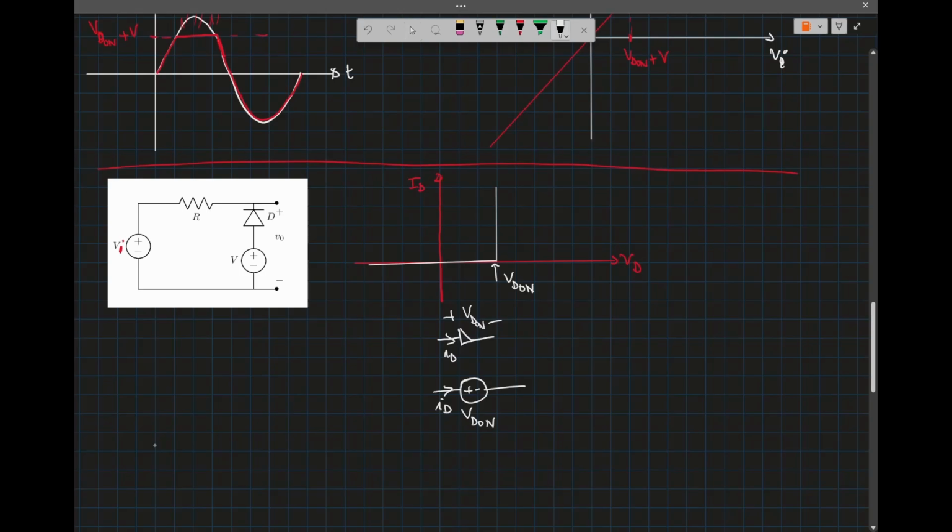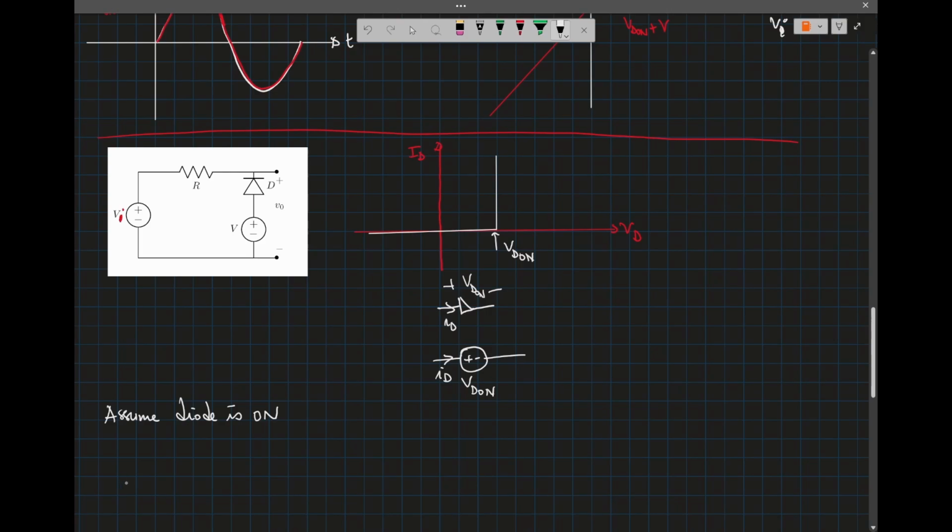I am going to assume that the diode is on, and we have our network that looks like this.